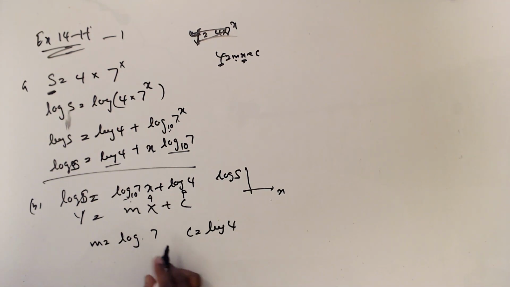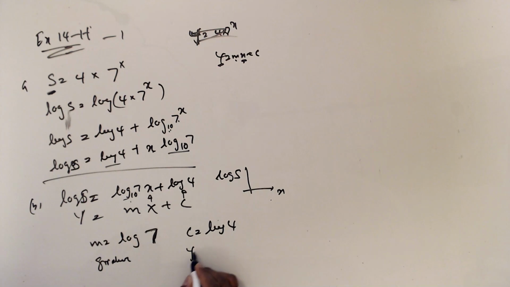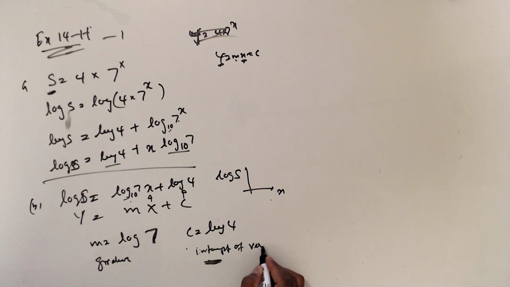If there is no base here, it means base 10. So this is the gradient and this is the y-intercept. It is not really the y-intercept, there is no y, it is the log s-intercept, the intercept on the vertical axis.